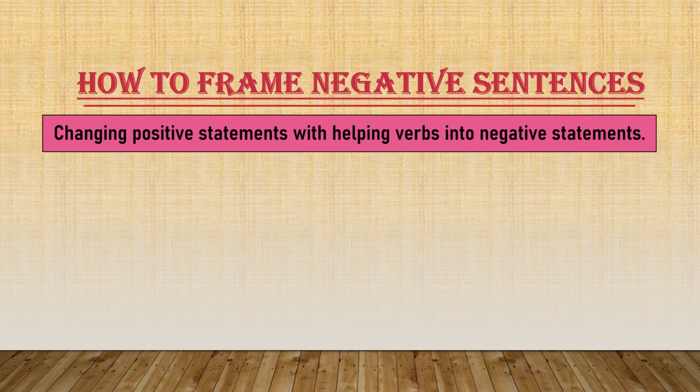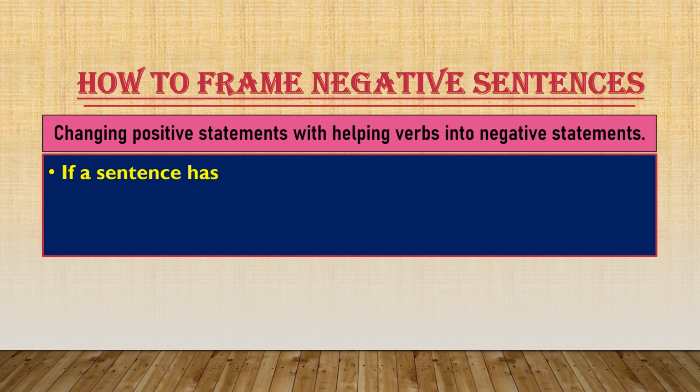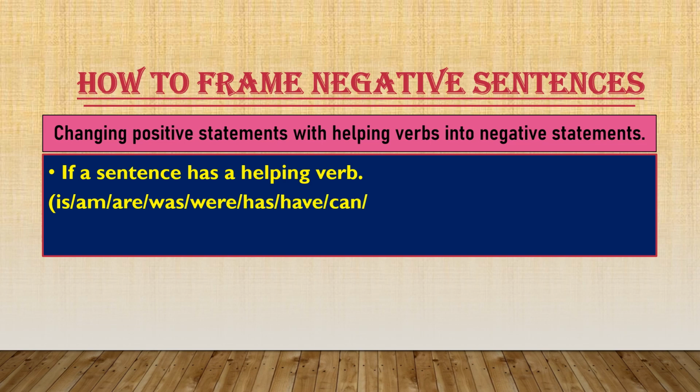The first one, changing positive statements which are having helping verbs in them into negative statements. For that, you just have to read the sentence and find out the helping verb in the sentence.